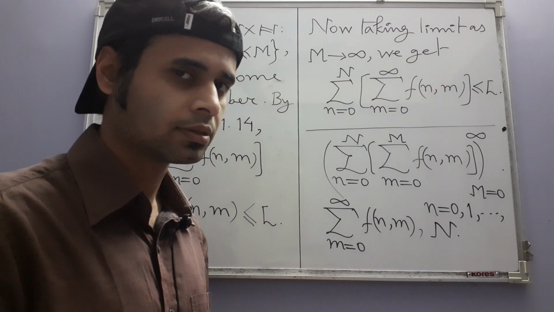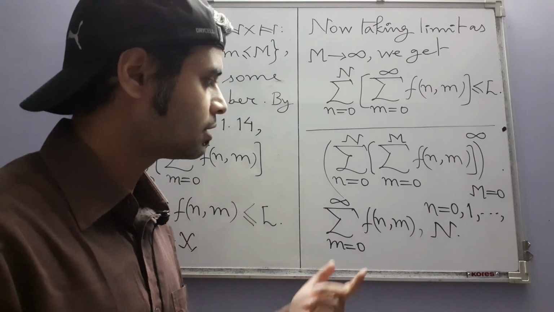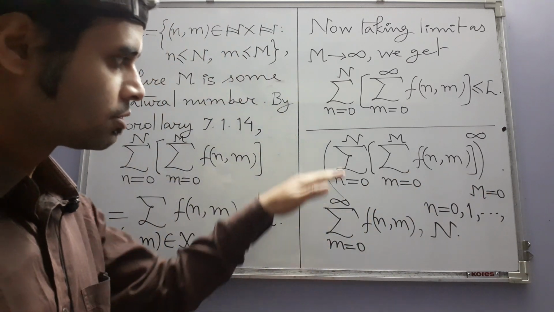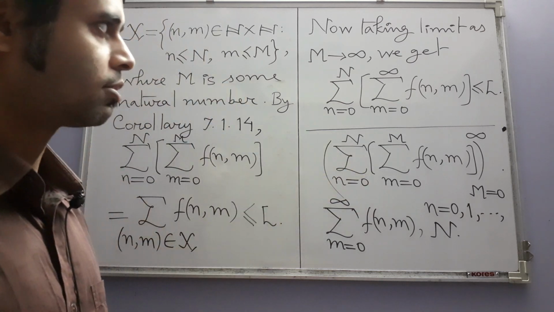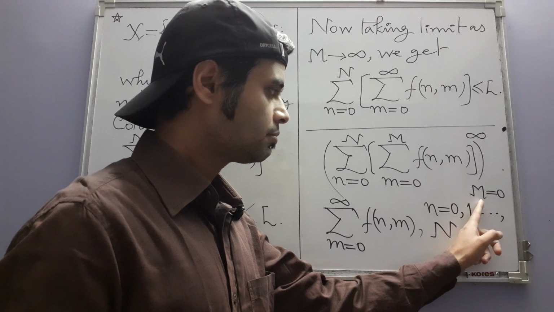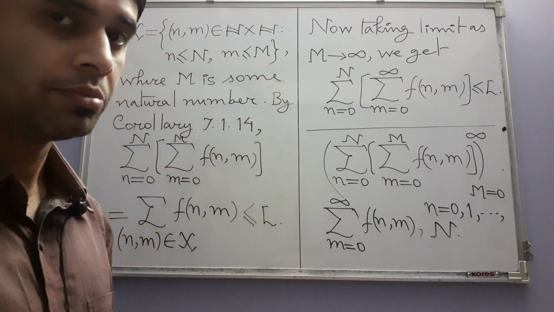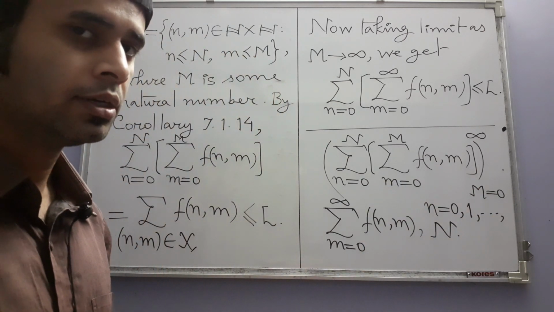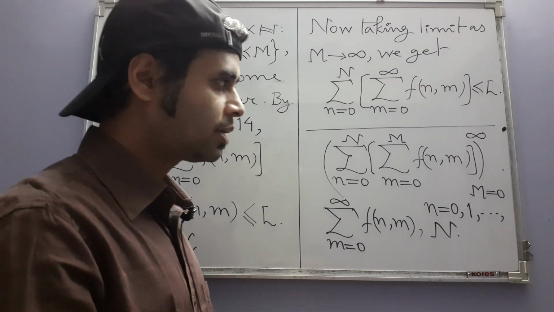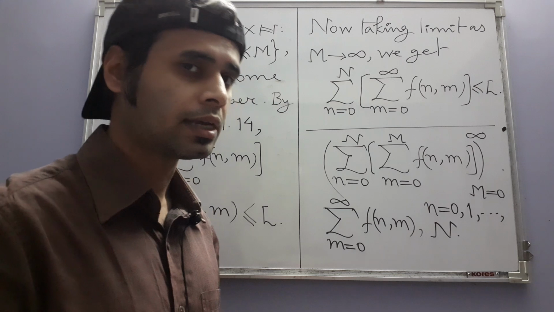So from limit theorems on sequences, the sum is also a convergent sequence. So that's why this sequence is convergent, and here we can take the limit as M approaches infinity. So we can take the limit, but what happens after we take the limit? That is another question.